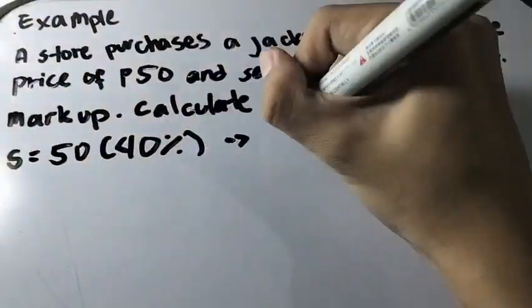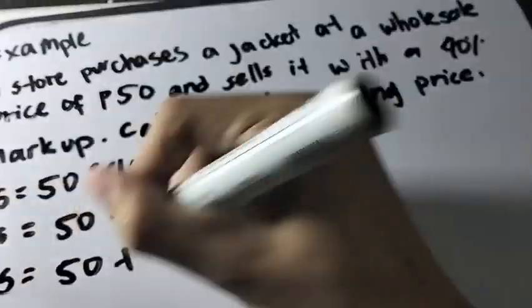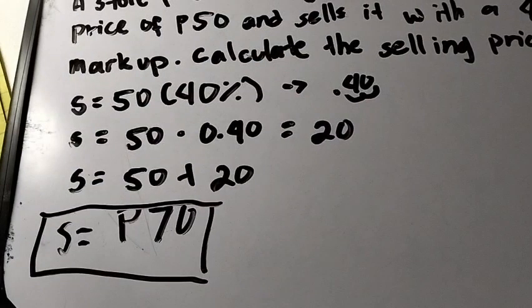Let us look at example number 1 here. A store purchases a jacket at a wholesale price of 50 pesos and sells it with a 40% markup. Calculate the selling price. So to get our selling price, we put the original price first and then we just multiply it by the percentage.